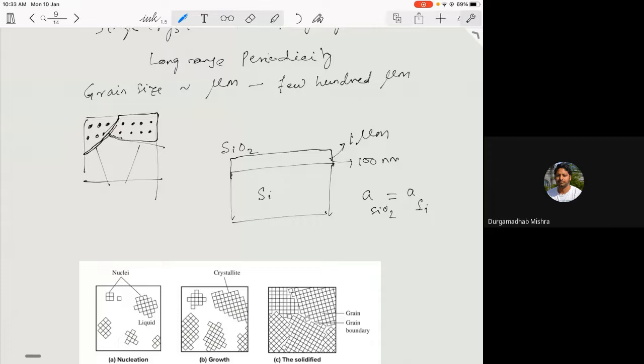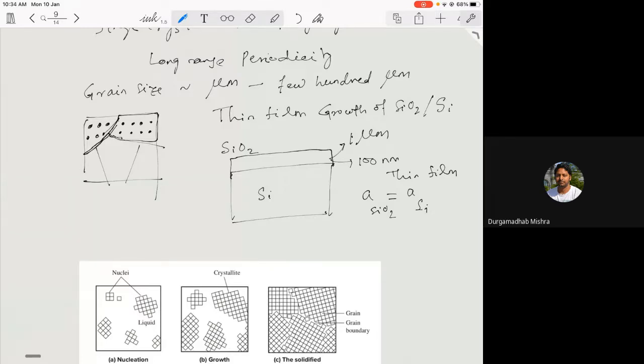Although in bulk form they are not the same, in this thin film structure it is possible that the lattice parameter can be the same. And this typically happens in thin film growth, for example SiO2 on silicon.